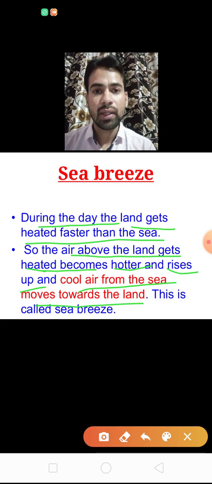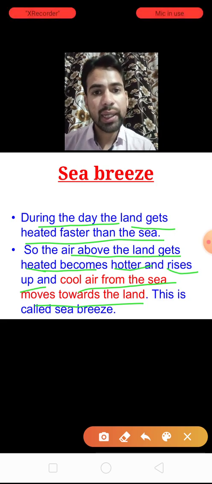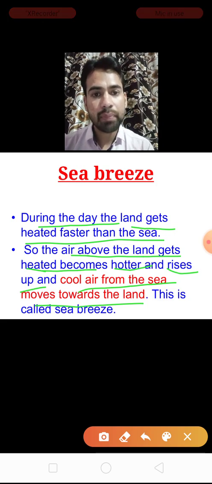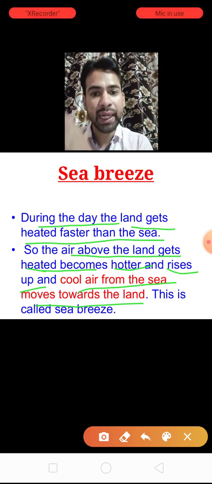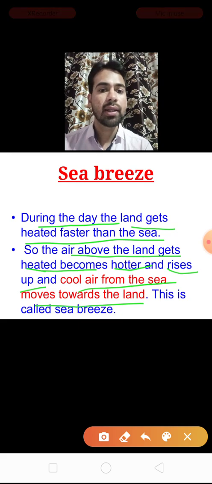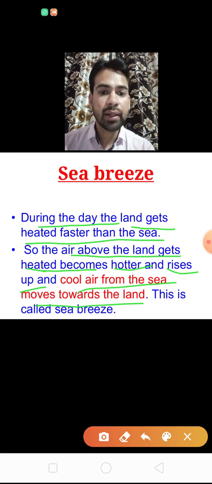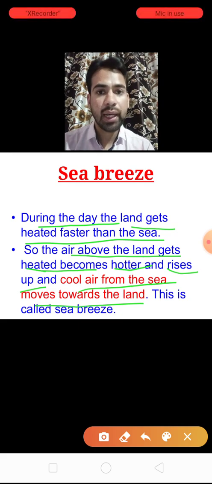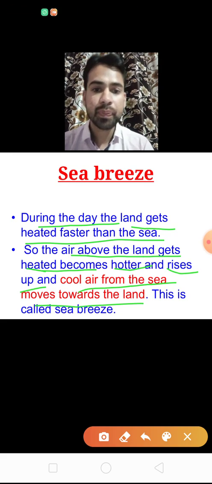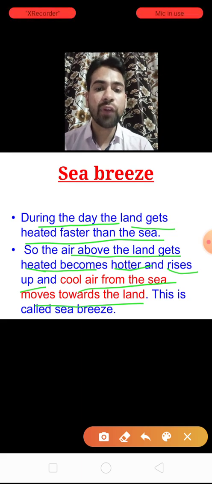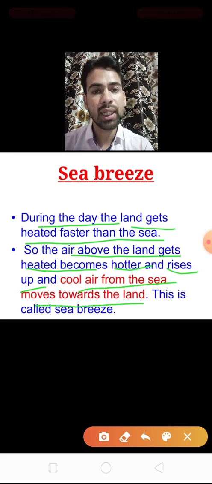It means over the land the air will become hot, and it will go upside, then the cool air above the sea also rises up, and cool air from the sea moves towards the land.